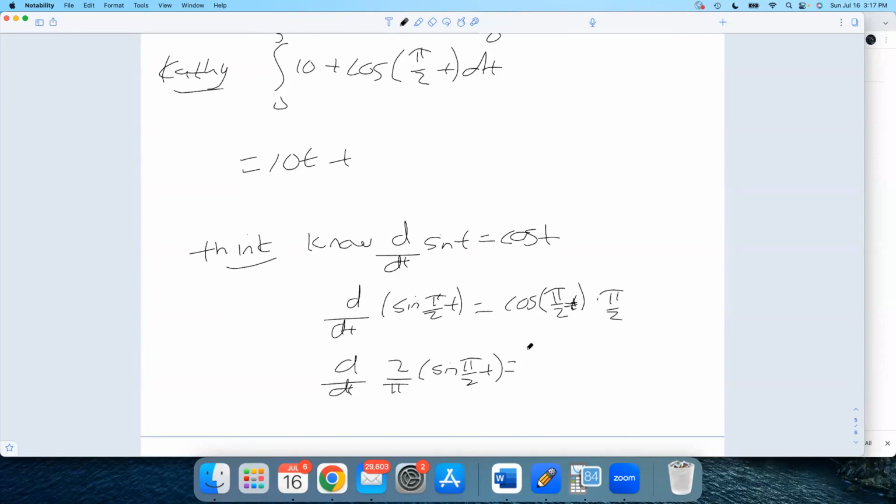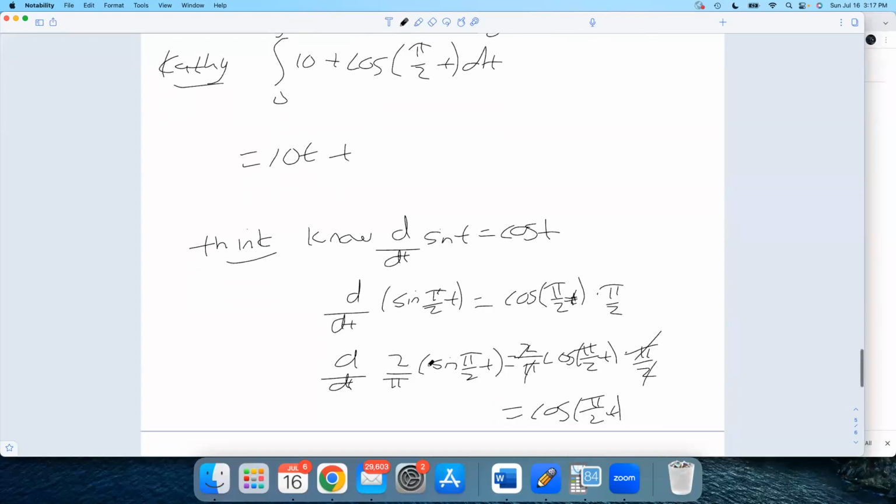The 2 over pi just comes along for the ride. Derivative of sine of anything is cosine of the same thing times the derivative of whatever's inside. Derivative of a constant times t is that constant. Oh, but now look, the pi over 2 and the 2 over pi cancel, leaving exactly what I was trying to get.